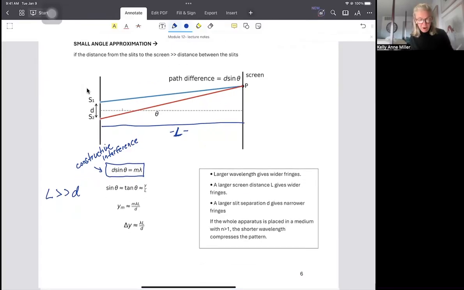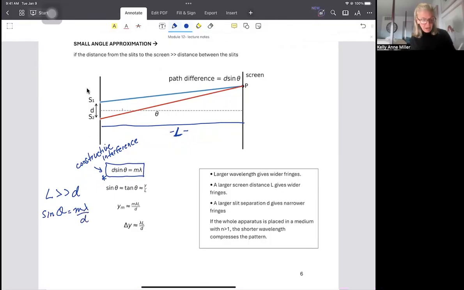We've already seen from this equation that, if I rearrange it, sine theta equals m lambda over d.